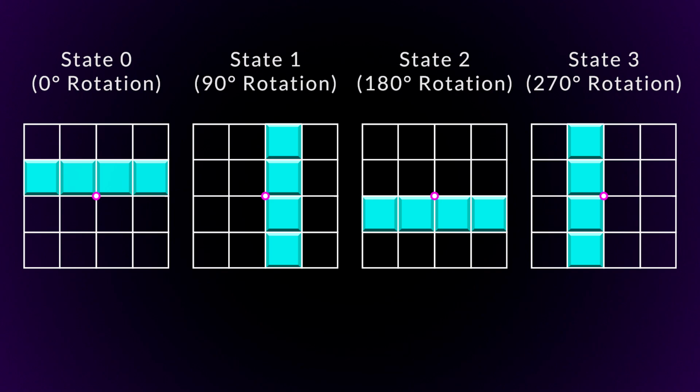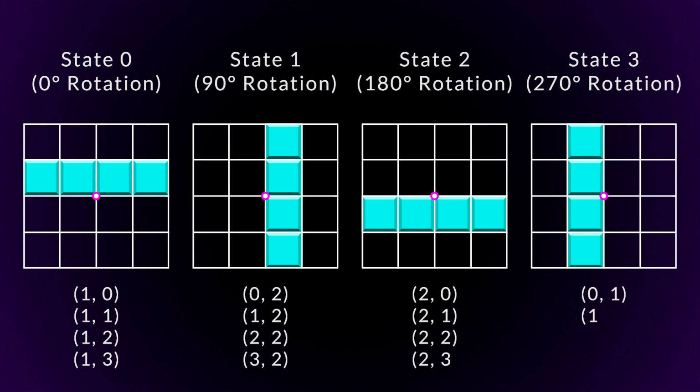In state 0, we have tiles at row 1, column 0, row 1, column 1, row 1, column 2, and row 1, column 3. We store the tile positions for the remaining states in the same way. And then we store an integer indicating which rotation state the block is currently in. This way, we just have to change an integer to rotate a block.